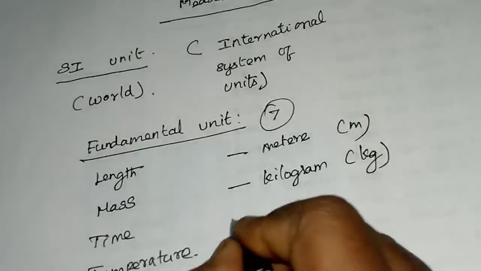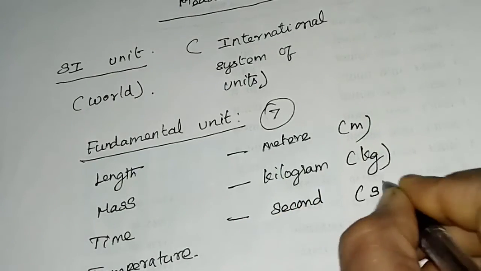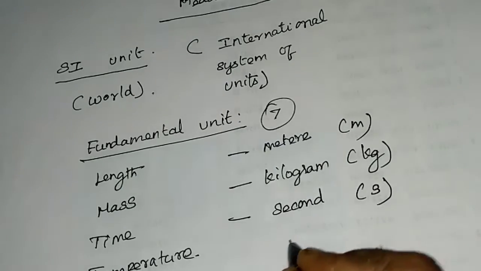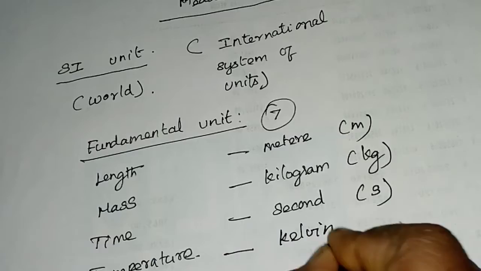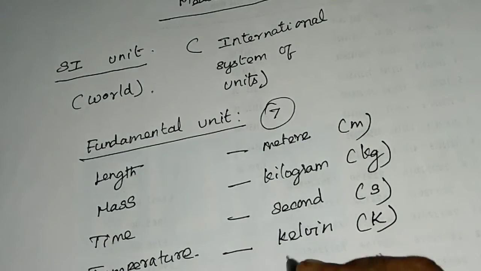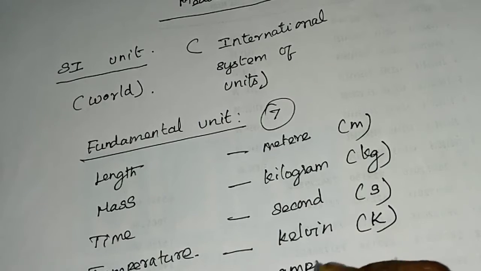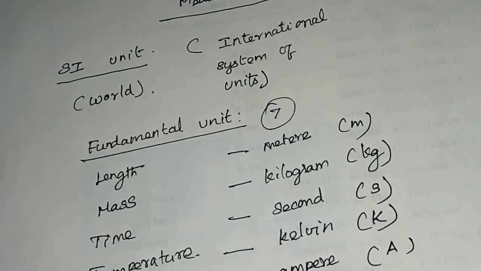Time is the second, with the symbol s. Temperature is Kelvin, and the symbol is capital K. Electric current is ampere, with the symbol capital A.